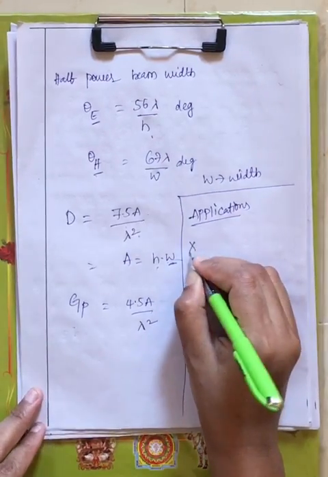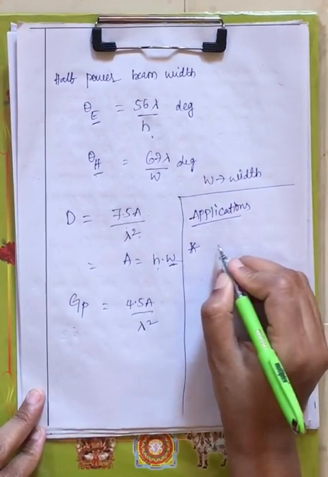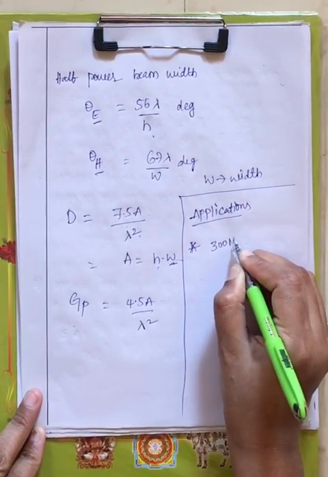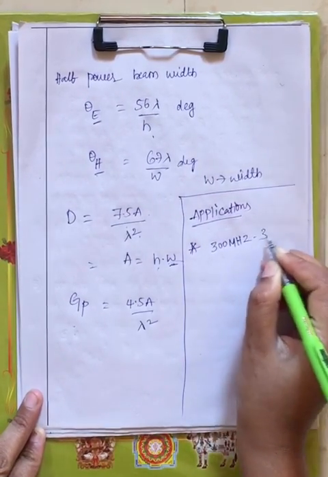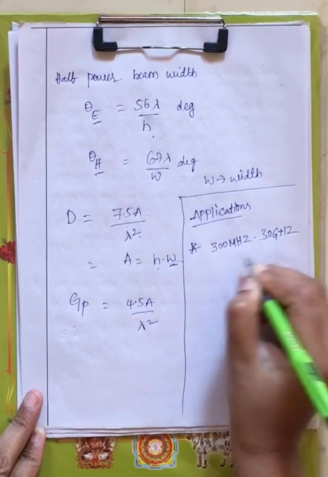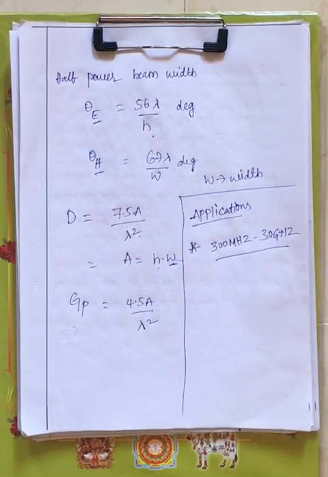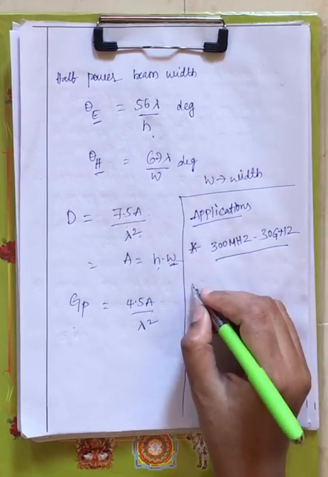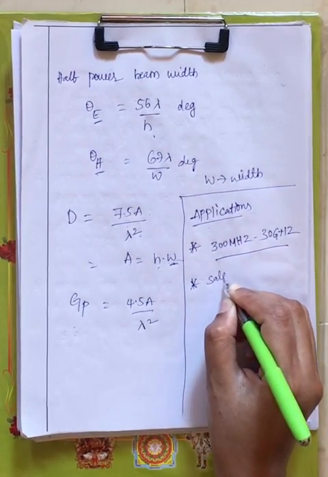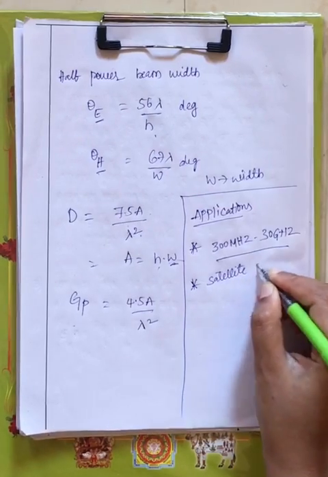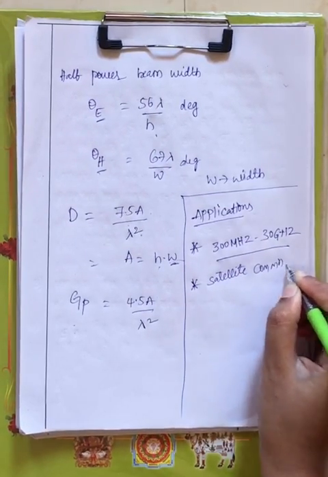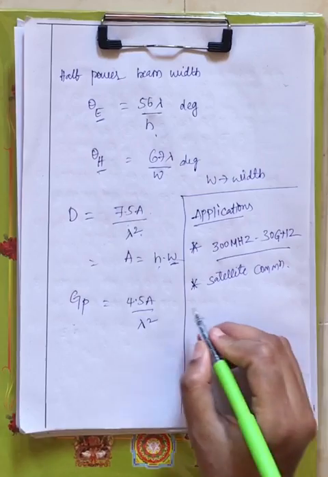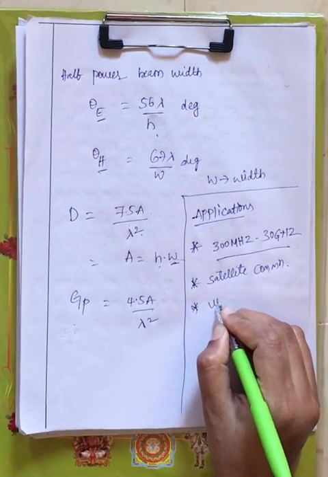This particular horn antenna operates in the frequency range from 300 megahertz to 30 gigahertz. Now this horn antenna is used in satellite communication, and another use is as an active element.